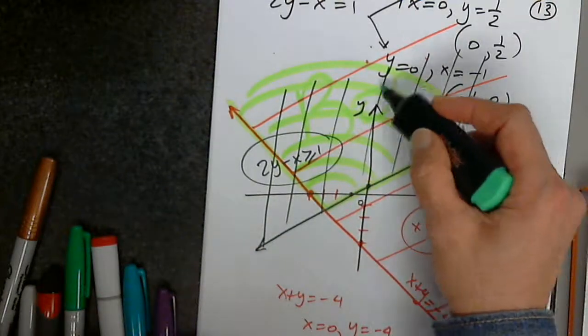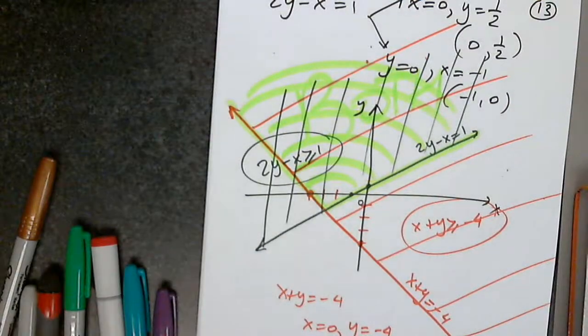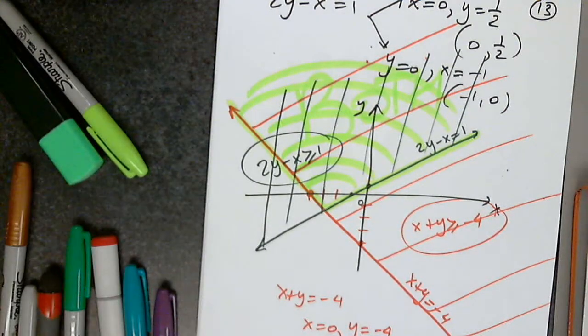This is both at the same time. And this is what I'm looking for because I want to solve the system. I want both conditions to be fulfilled at the same time. Any questions?